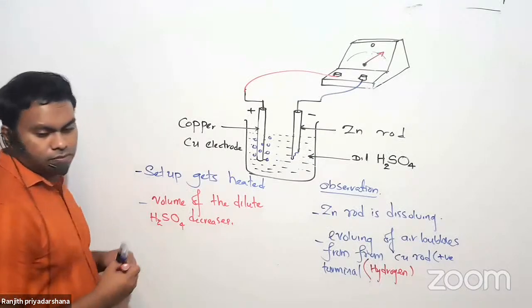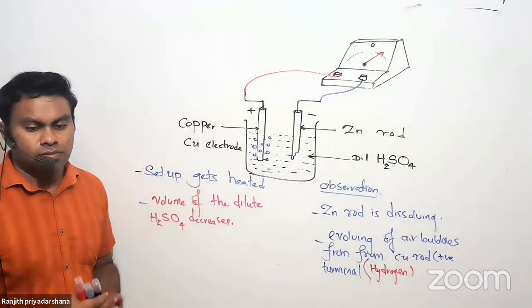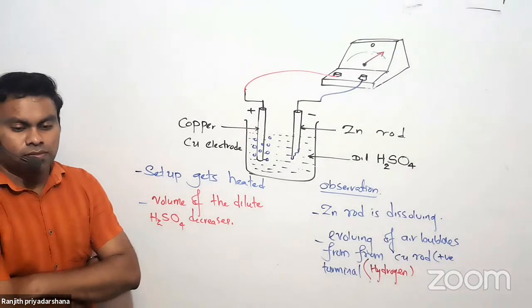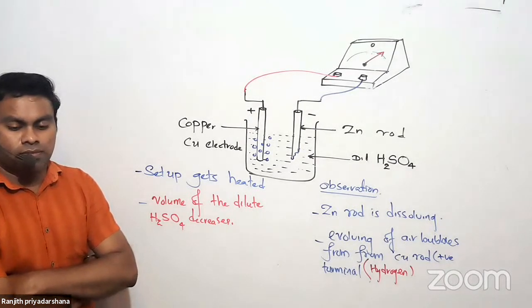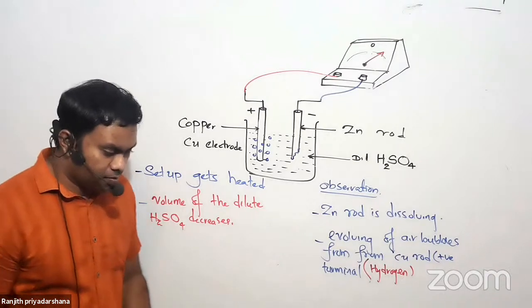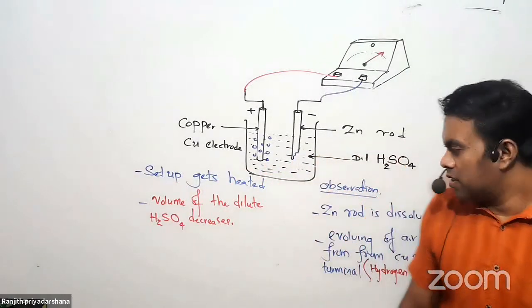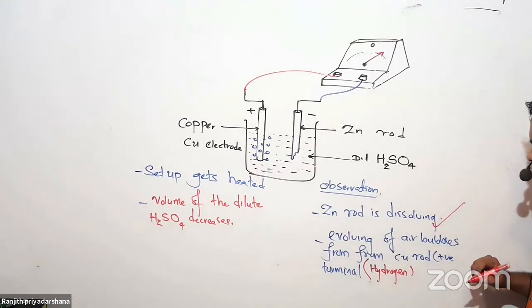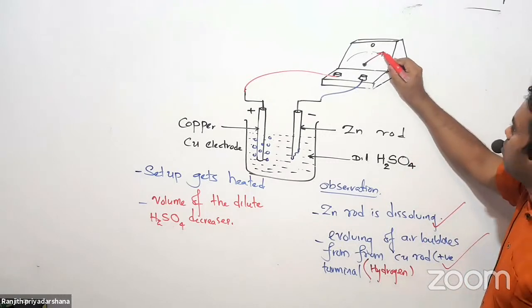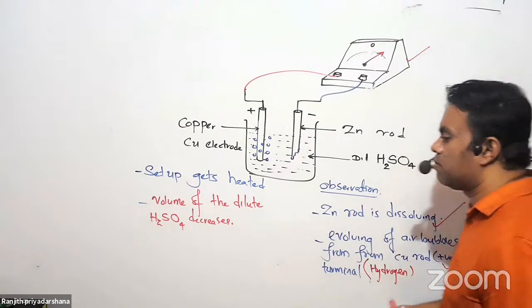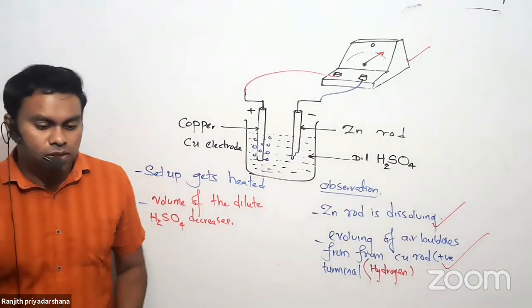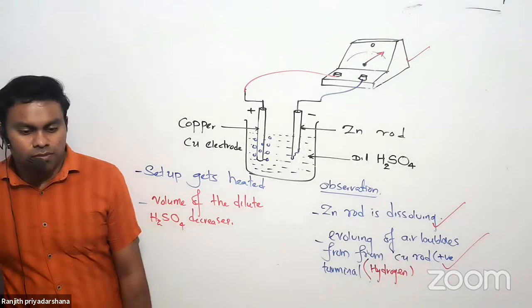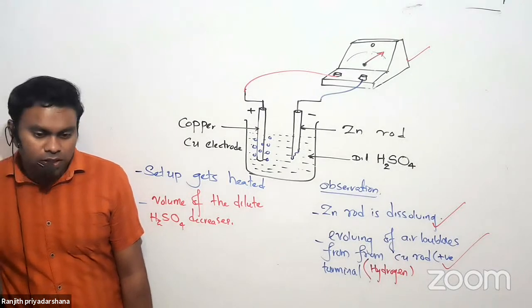It decreases. Good. Generally you must remember these: the zinc rod is dissolving, evolving of air bubbles. The deflection everyone can write, all of you know that. So you have to give priority when writing this.